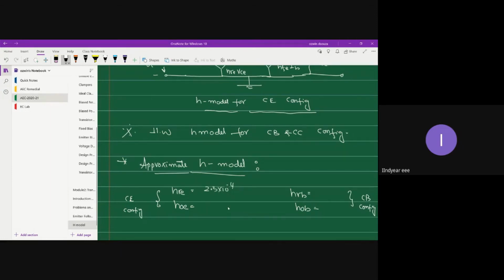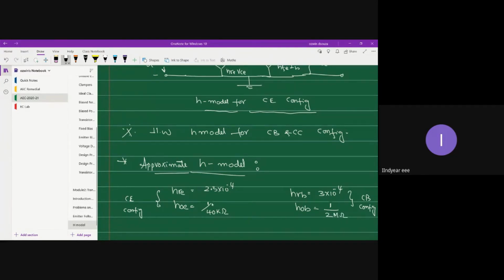On the other hand, HRB is about 3 into 10 to the power minus 4. These are the physical values obtained after conducting experiments. If you look at the admittance, it is about 1 by 40 kilo ohm for CE configuration, and for CB configuration, the admittance is the reciprocal of 2 mega ohms.